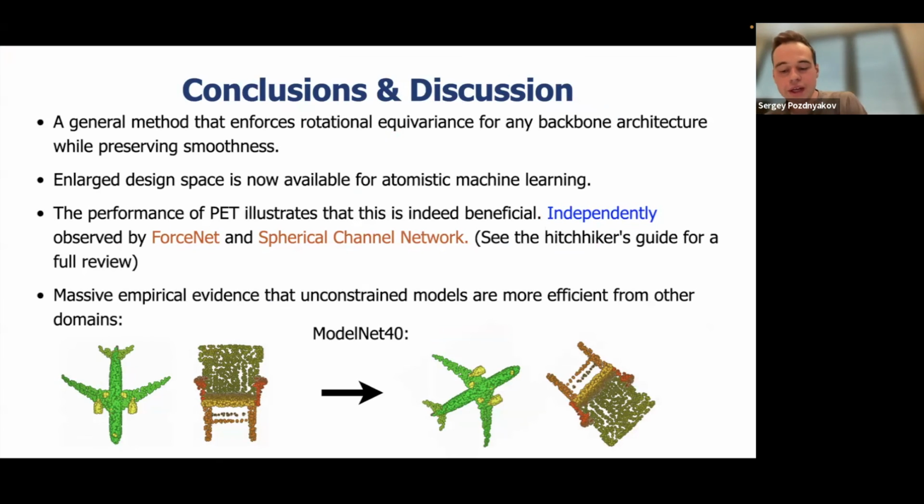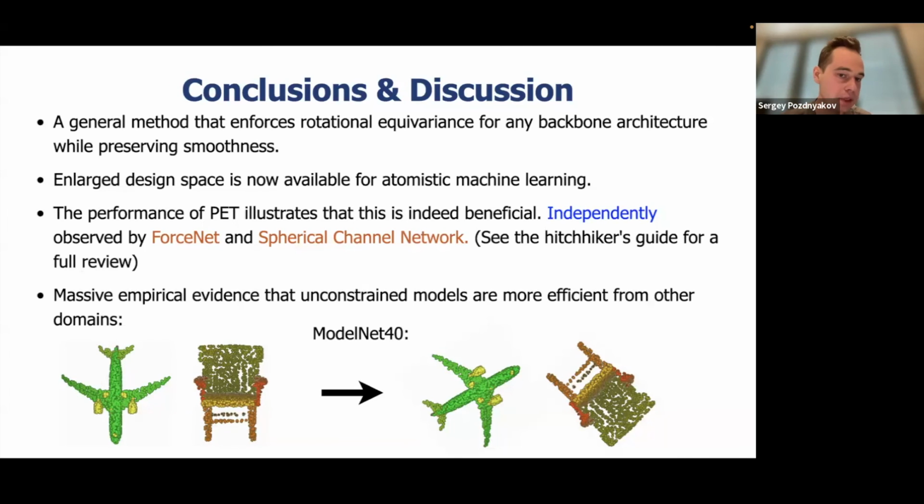First of all, I have to say that I have presented a general method that enforces rotational equivariance for any backbone architecture while preserving all the other physical constraints, and smoothness in particular. It means that the enlarged design space, I mean here not only the functional forms of layers that preserve equivariance, is now available for atomistic machine learning.